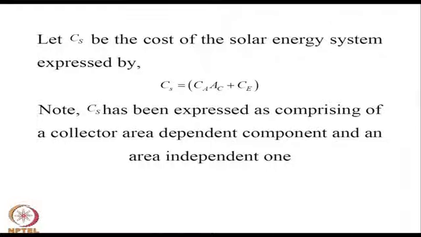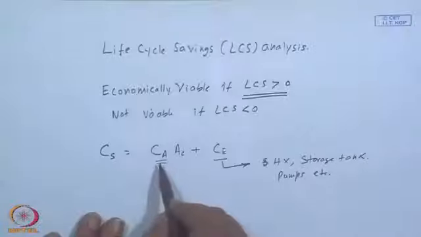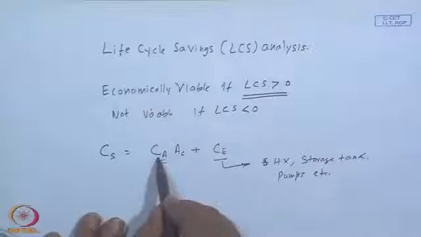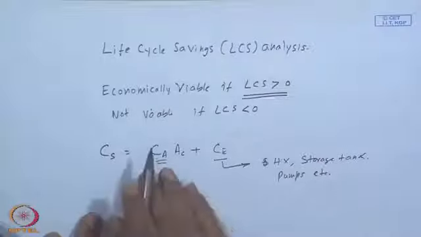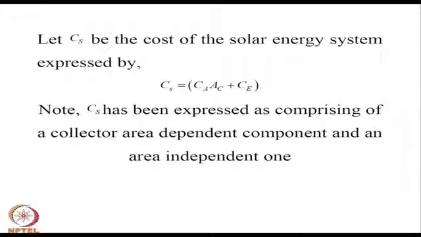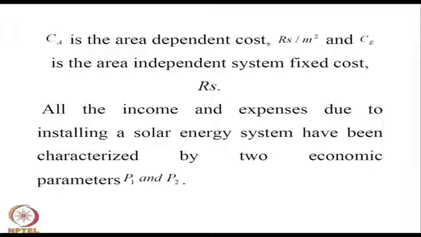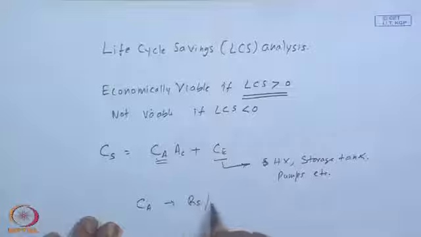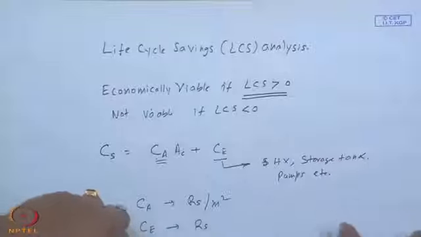So, CS is a mx plus c type of equation, where CA is the cost per unit area of the collector involved and CE is a fixed cost, independent of the area. CA could be in rupees per meter square and CE is simply rupees.